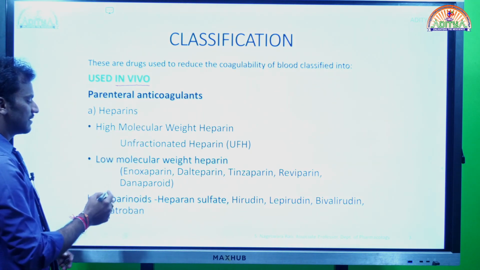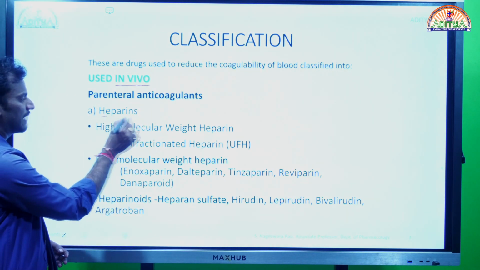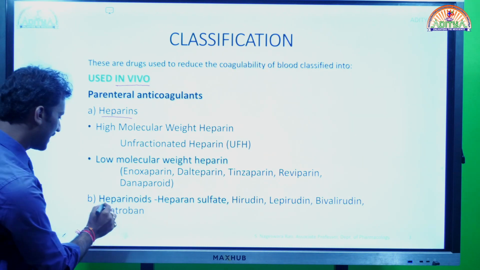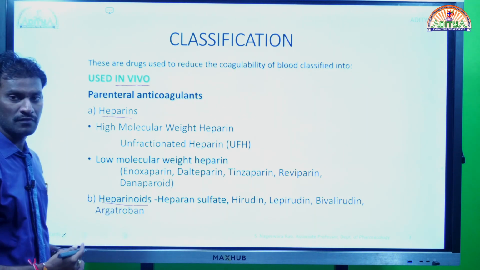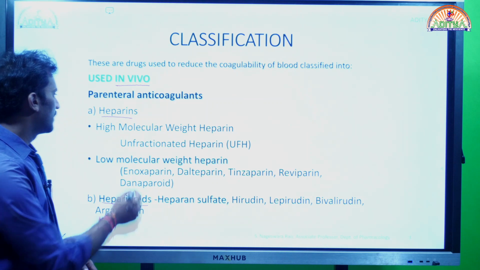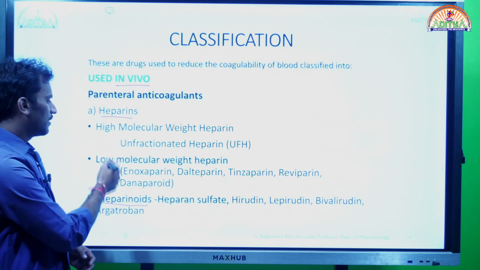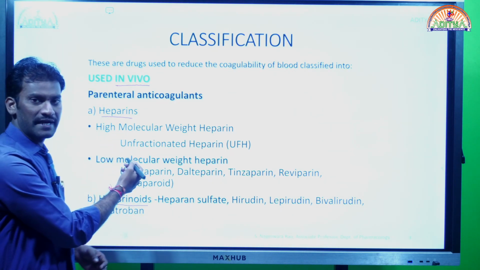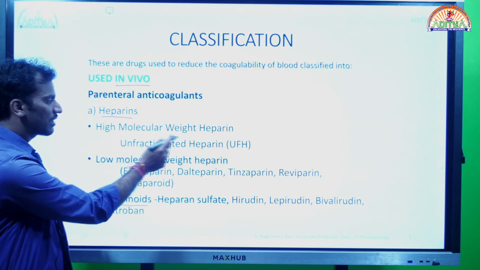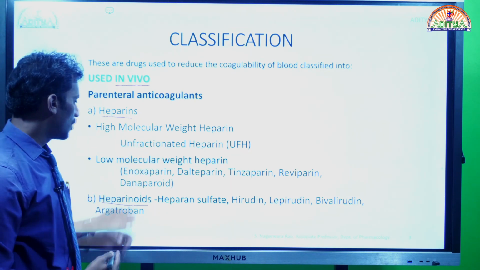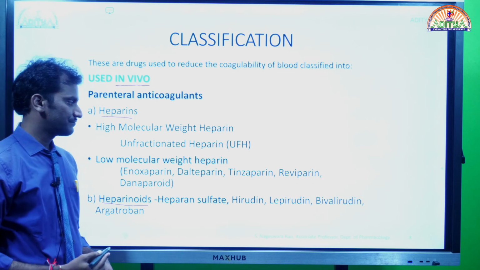Parenteral anticoagulants are of two types: heparins and heparinoids. Heparins again have sub-varieties: high molecular weight heparin and low molecular weight heparin.